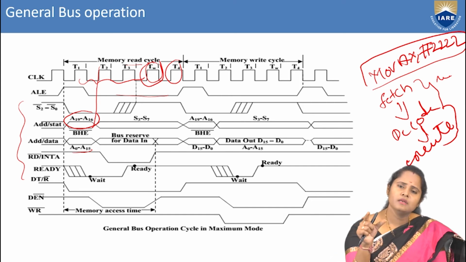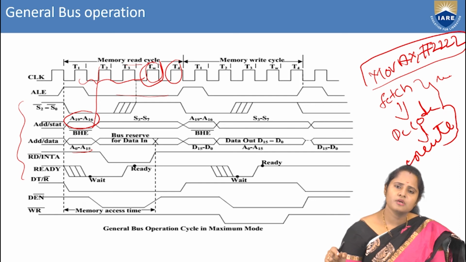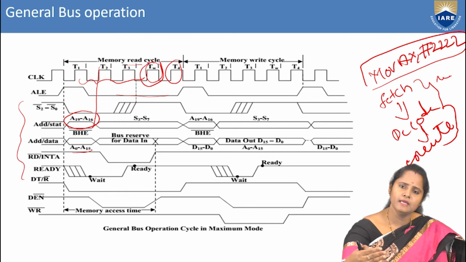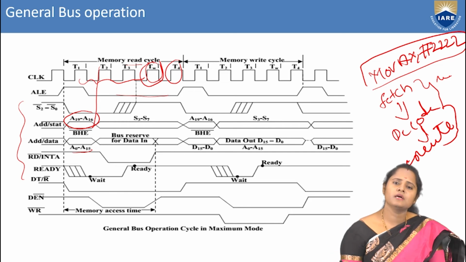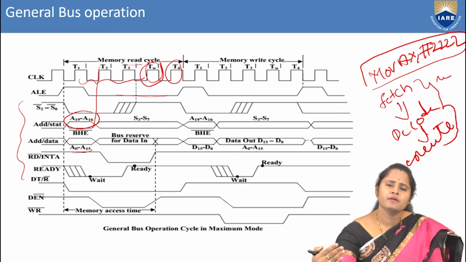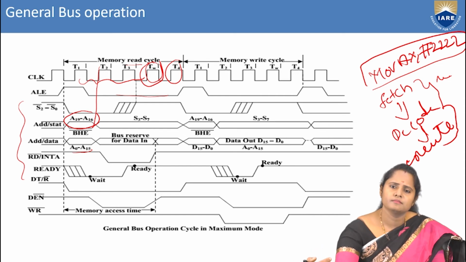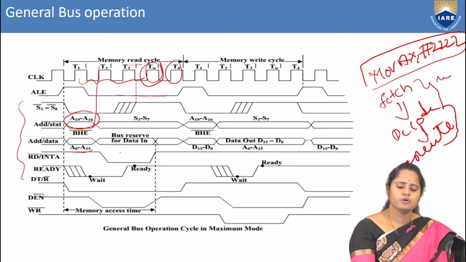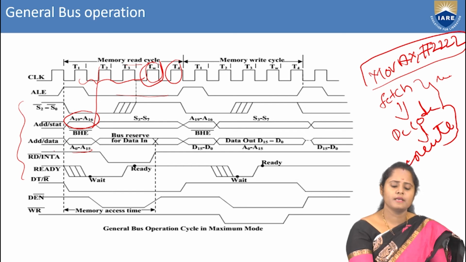So the name of the person is an address, right? And the marks which you get are called the data. First we need to know the name, then only can you know the data. First you need to get the address, then only can you get the data from it. So this is what is happening in the address and data multiplex.